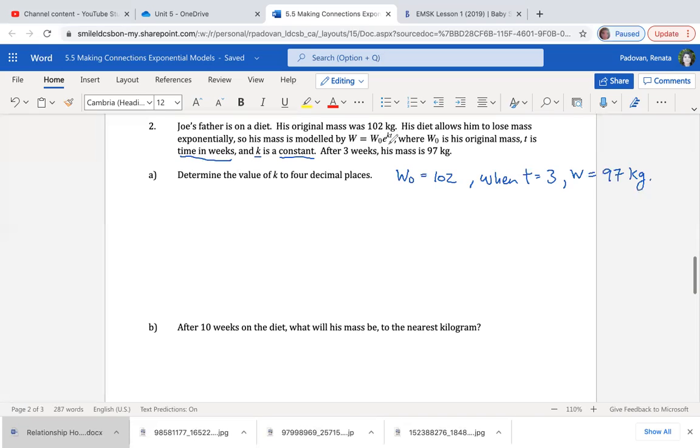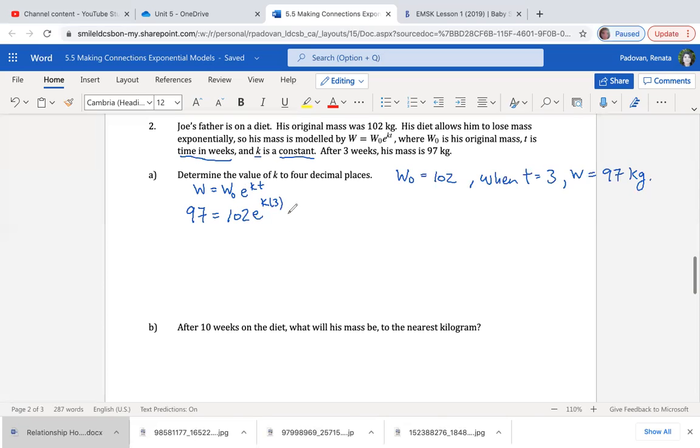So if this was my equation, I'm just going to write it out again to put the numbers right underneath it. W naught e to the exponent kt. My W, when it's 97, and my original weight is 102, e^(k times 3), because when the time was 3, the weight was 97 kilograms. The original W naught was 102. That's okay to put it in that way.